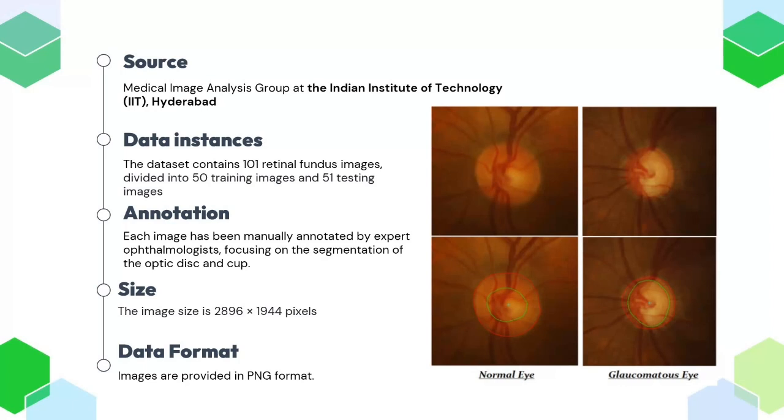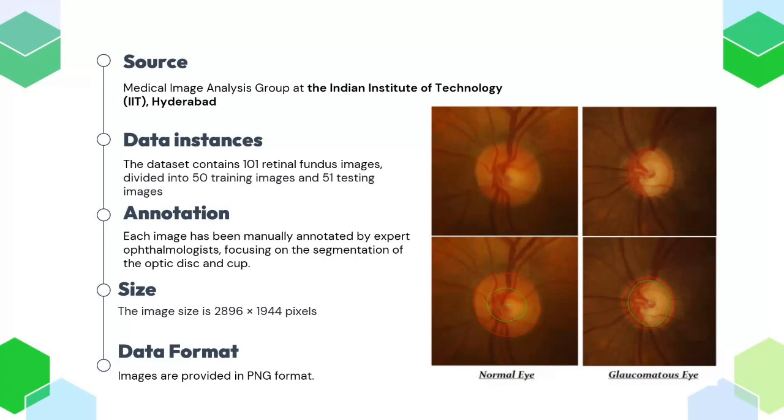This dataset comes from the Medical Image Analysis Group at IIT Hyderabad and is designed specifically for glaucoma detection. It includes 101 retinal fundus images divided into 50 training images and 51 testing images, and all of them are annotated by expert ophthalmologists to mark the boundaries of the optic disc and cup.